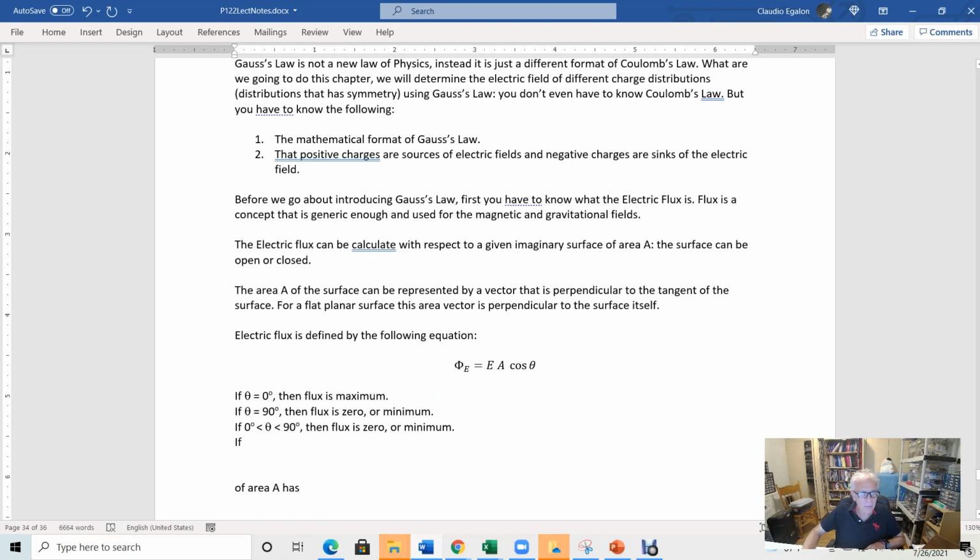Then flux is maximum, or EA. If theta is between 0 and 90 degrees, then the flux is anywhere here. The flux is anywhere between 0 and EA.